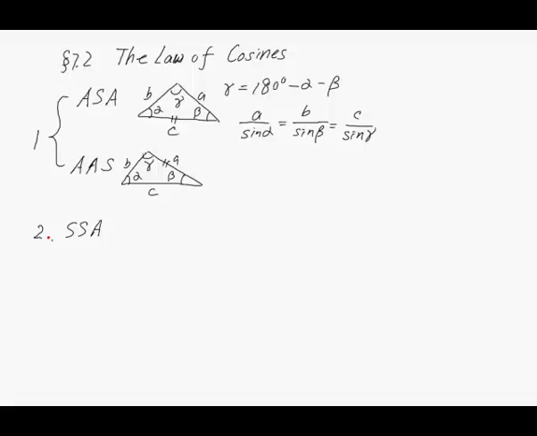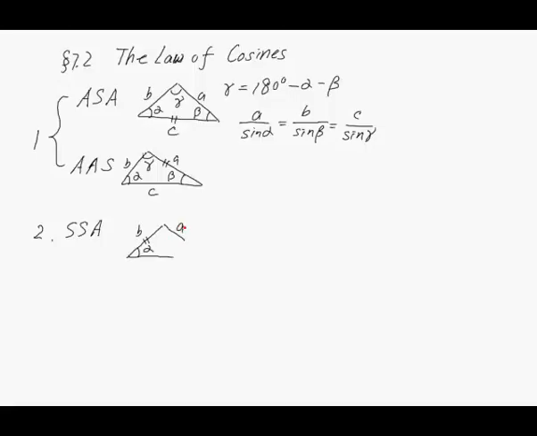So if you know the two sides and this is not the included angle, then if we draw the sketch, we know this angle, say alpha, and we know this side B, and then we know one more side A.